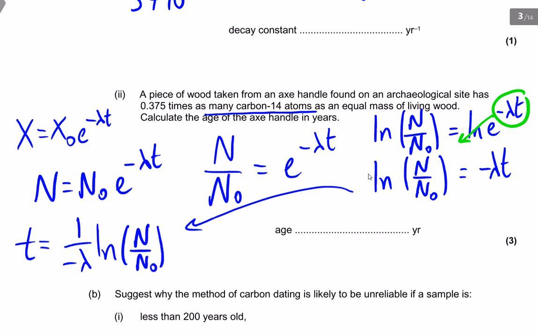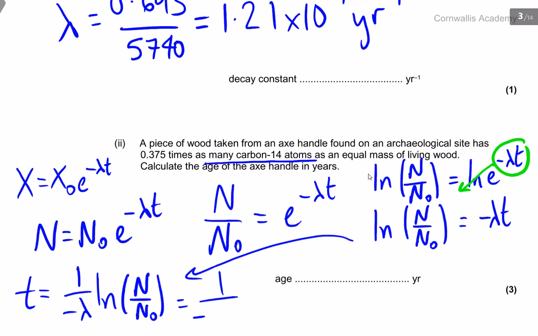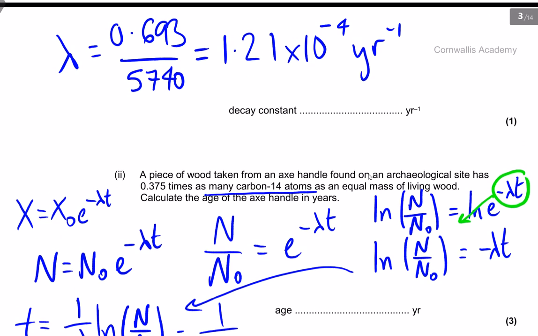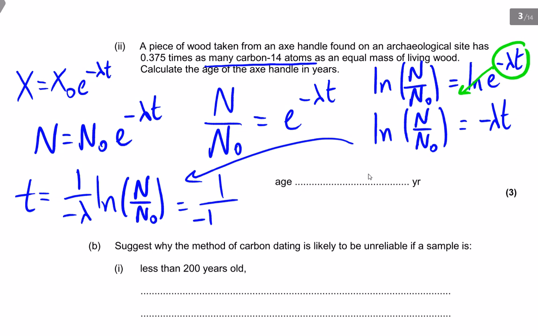Plug in the numbers. We're going to get 1 over minus our answer from before, so minus 1.21 times 10 to the minus 4, times log. Now the ratio of N to N naught is actually going to be that 0.375.